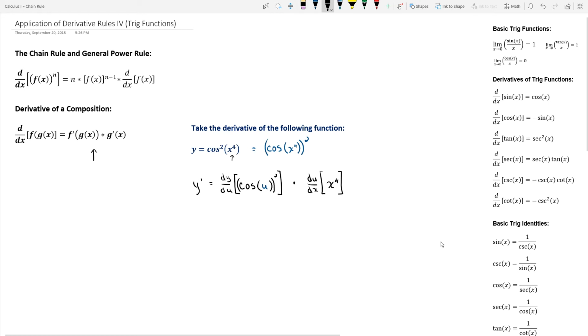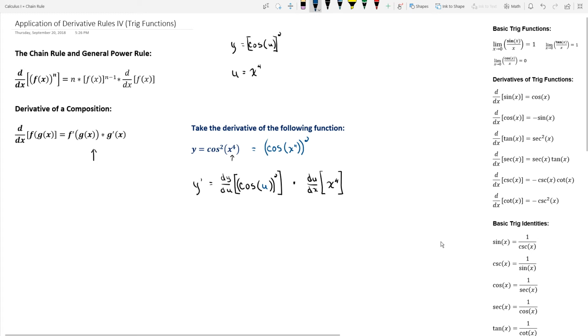Well, u is simply that inside term x to the fourth. And what is y? Well, y is that outside term, which is cosine u squared. So those are the two components of the composition.